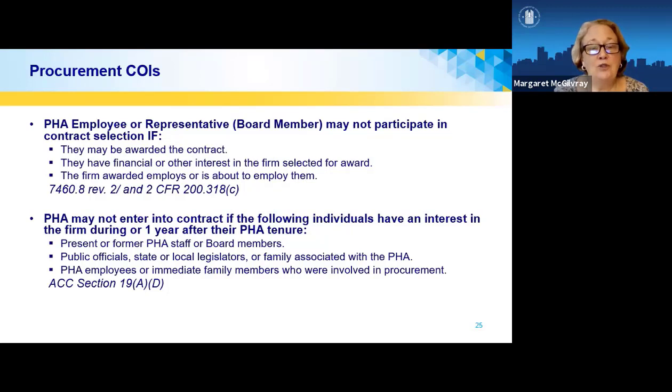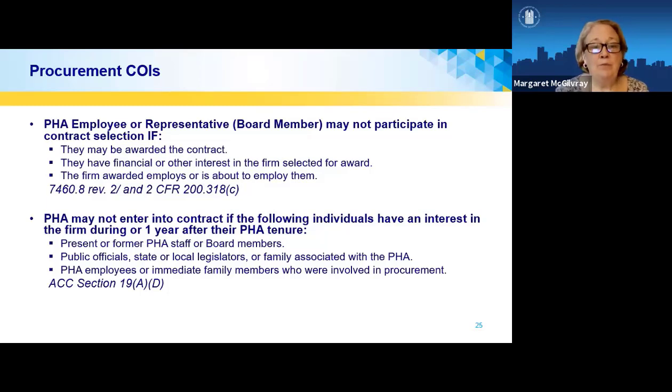And this applies to not only when you're on the board or when an employee is employed by the housing authority, but it also lasts for a year following board membership, as well as employment, and it reaches out to immediate family members.